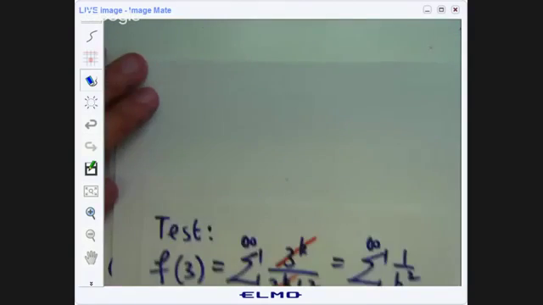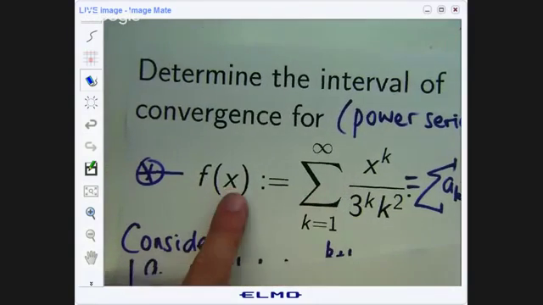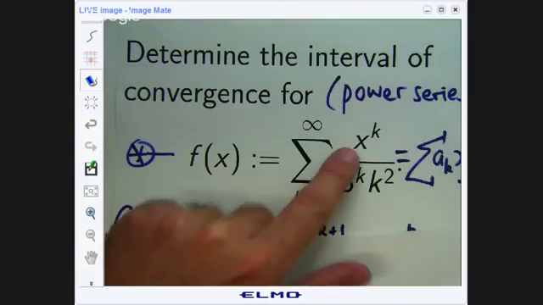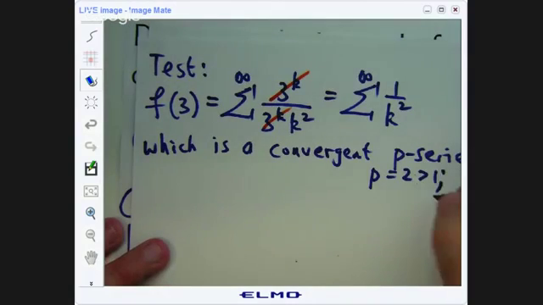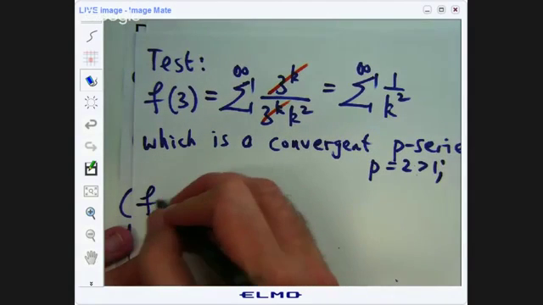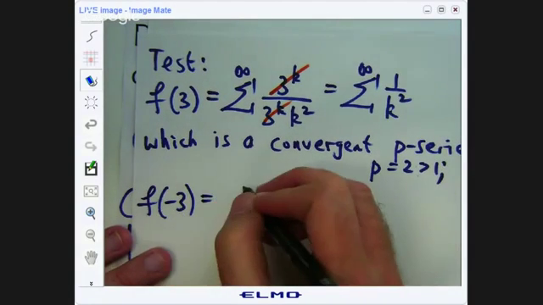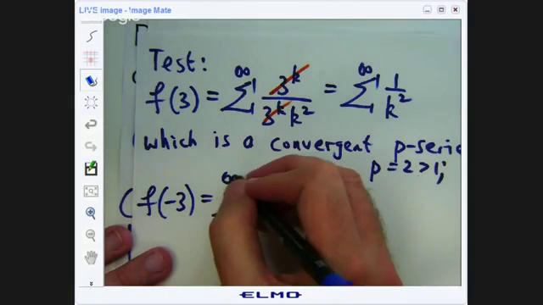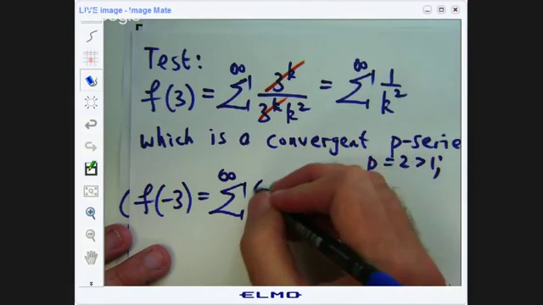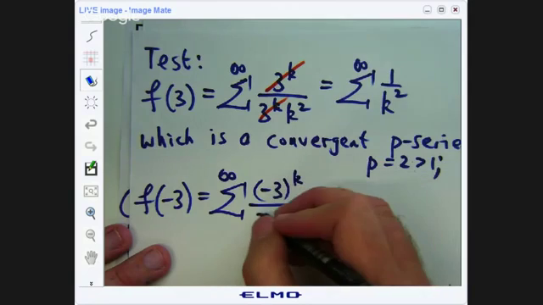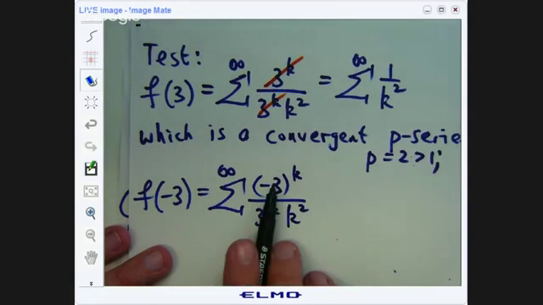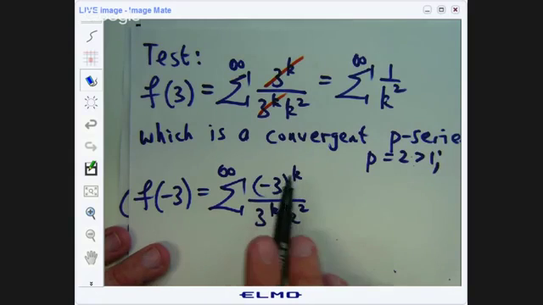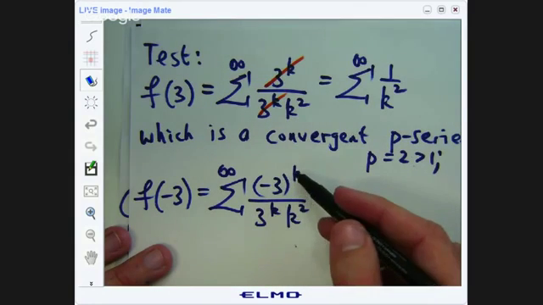We want to replace x with -3 in here, so I'm going to get (-3) to the k. Now, I can take out a (-1) to the k, and I'm left with (-1) to the k times 3 to the k.